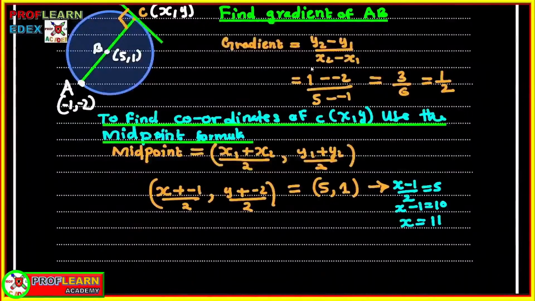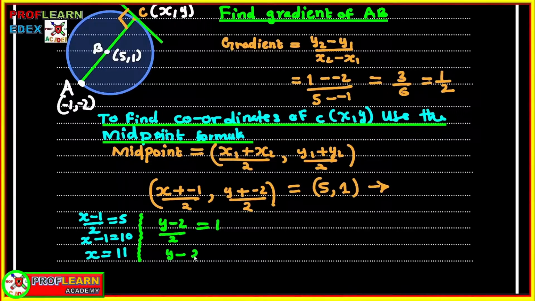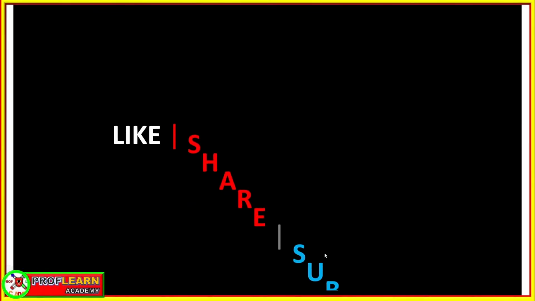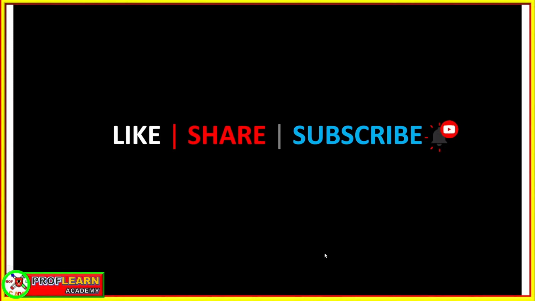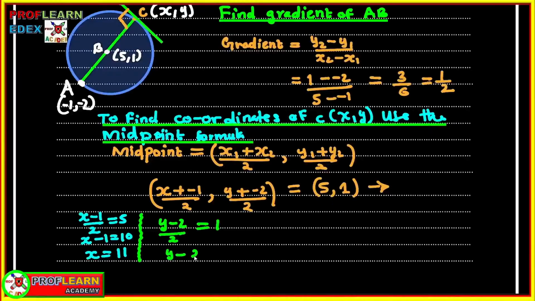Similarly, I'll do the same to y, and I'll get my value of y as 4. Let me just move this a little bit here so that I have enough space.